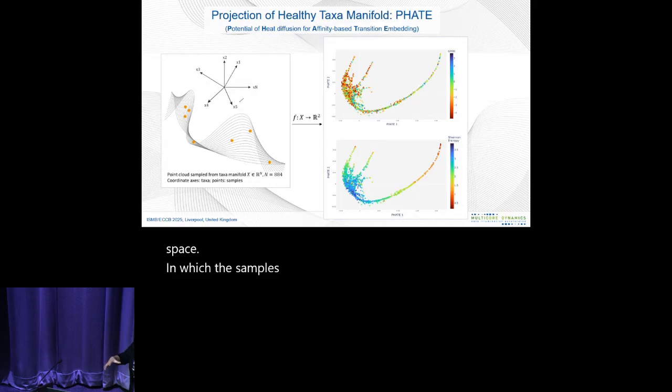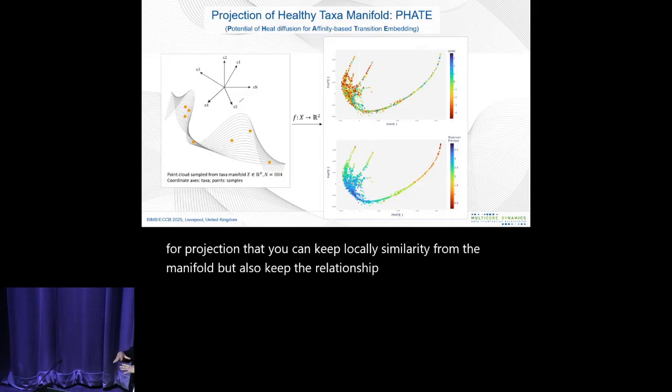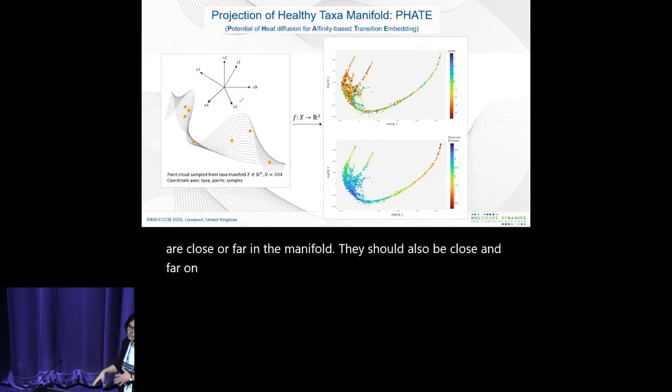And the idea is to look for a projection that can keep local similarity from the manifold, but also keep the relationship between things that are close or far in the manifold. They should also be close and far on the projection. You cannot directly translate down.